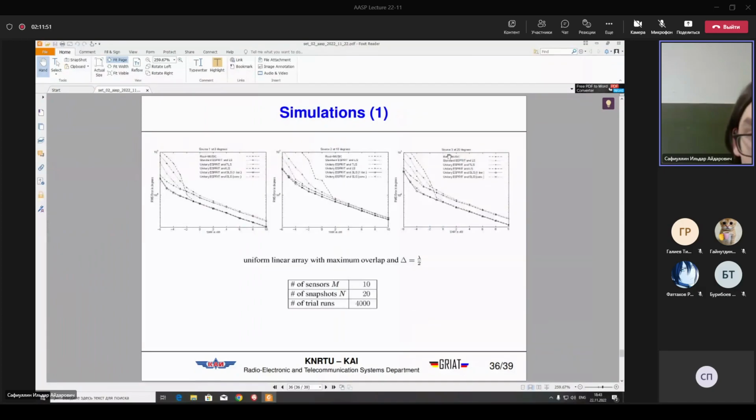Here we have source 2 and source 3, and their directions of arrival are equal to 0, 10, and 20 respectively. And when we calculate the solution using the SLS algorithm with one iteration, or when we try to find the converged solution, they are approximately equal to each other.